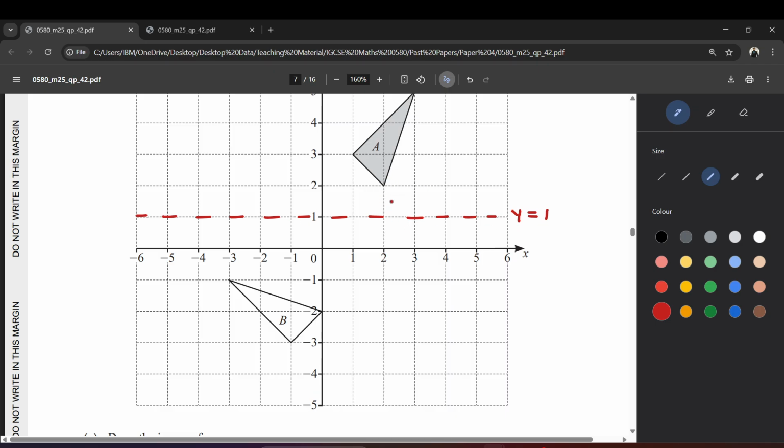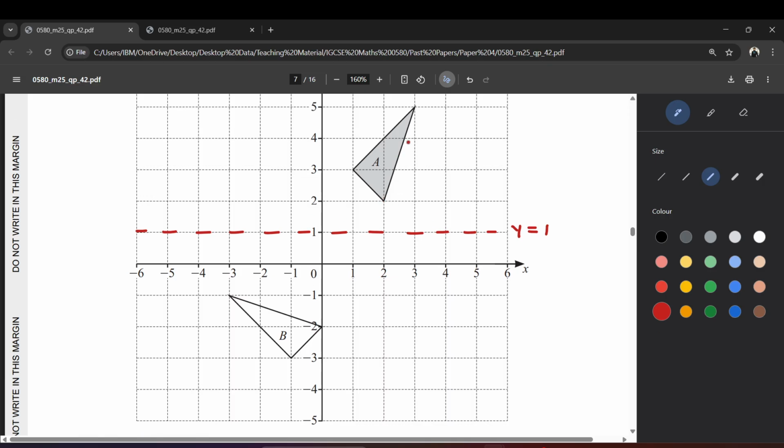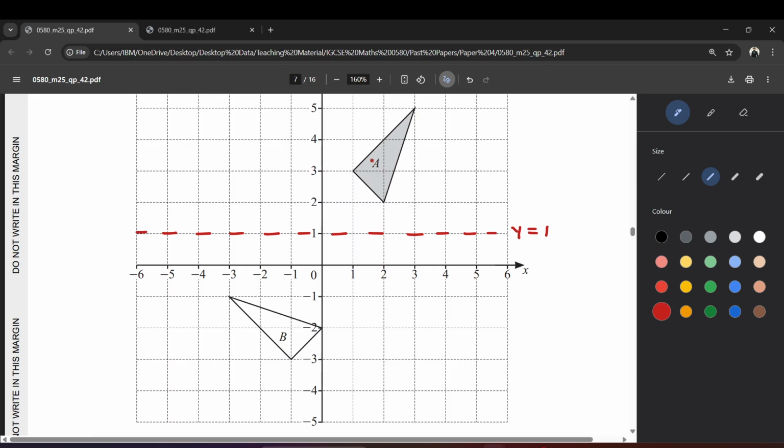If I want to reflect it in this line, now remember that the distance between the object and the image from the mirror line is exactly the same. So if I were to work out the position of triangle A after reflection, let's say I pick this point. The distance from this point to the mirror line is 1 unit. So from the mirror line to my image should also be 1 unit.